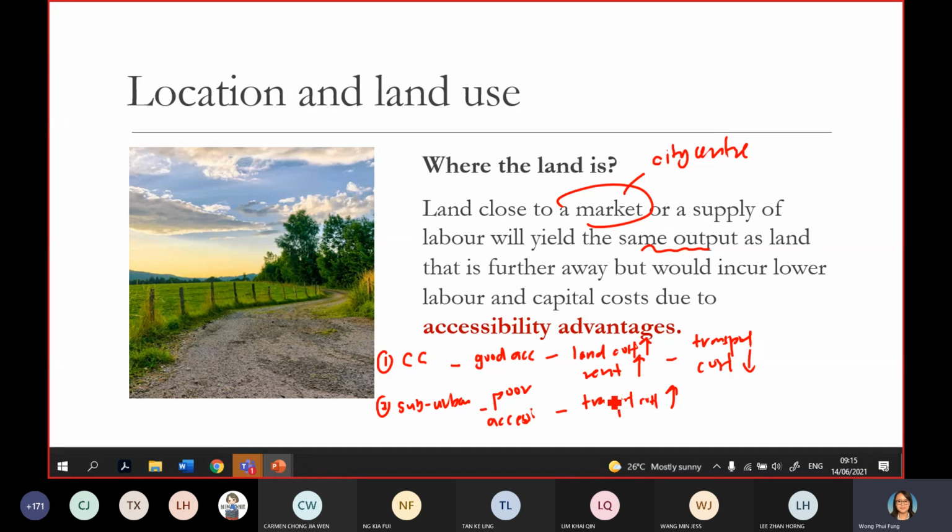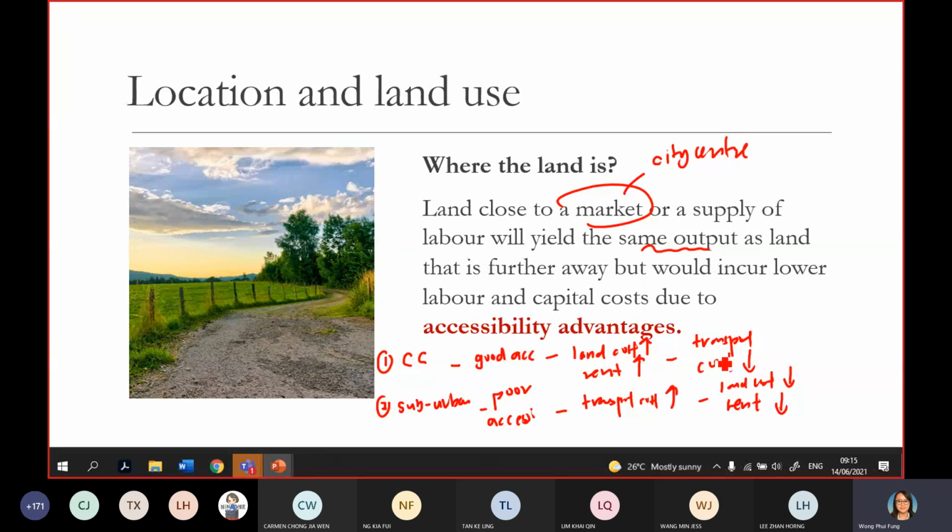But the problem is if they work at PJ or KL, they have to drive very far from Semenyih to KL. So in that sense, the transportation cost tends to be higher. No choice, they stay so far. But another good thing is the land cost is very cheap. So that's why the property price and the rental there are also quite low. Can you see one up, one down or not? Okay, in the city center, the land cost is very high.